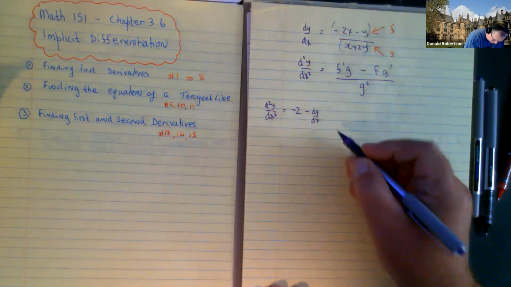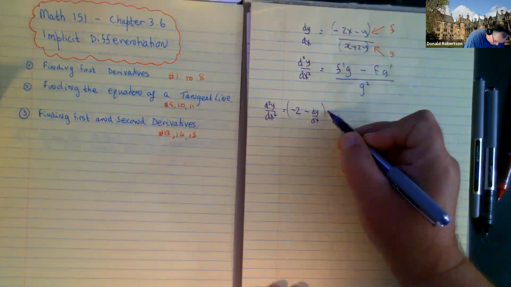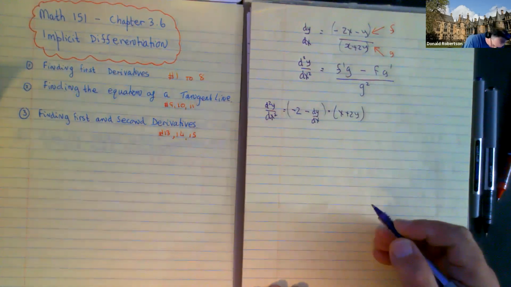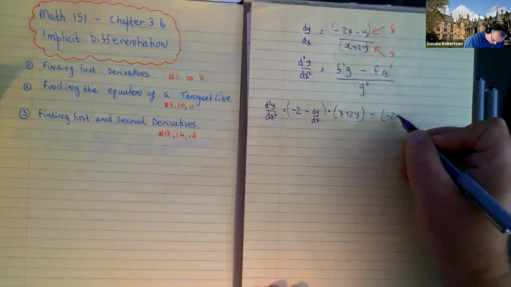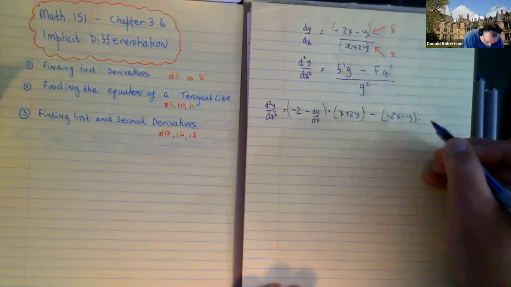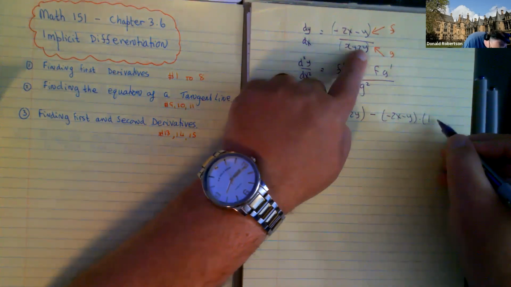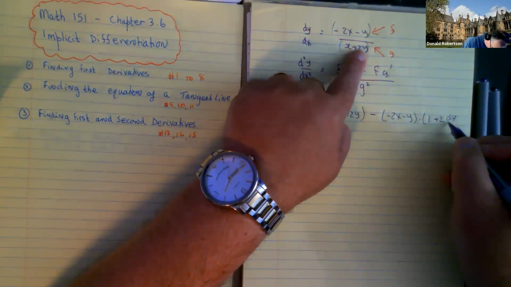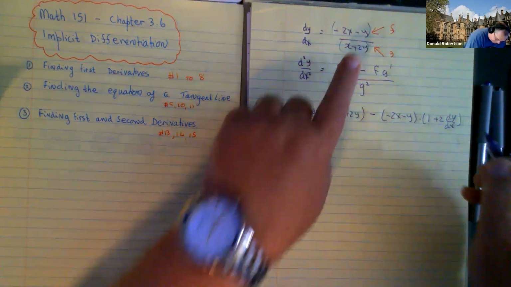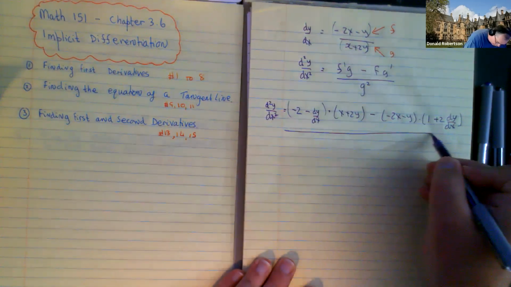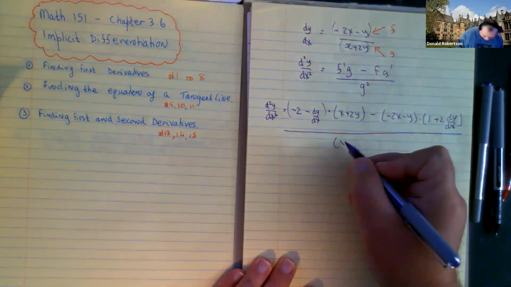So that's that guy done. Times the untouched g. Take away the untouched f, and then you differentiate the bottom, and you get 1 plus 2 dy by dx's all over the bottom squared.